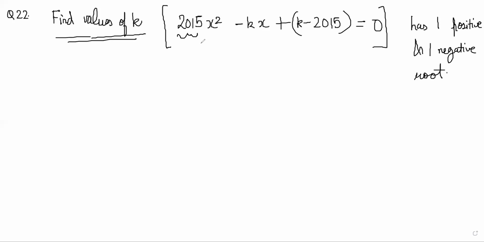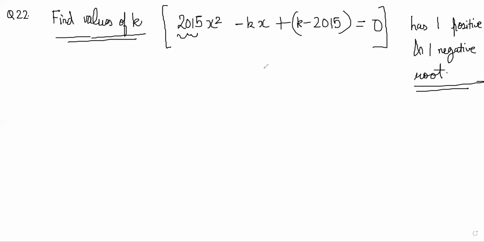Have you tried it? Not yet. So think about which rule to apply. If you look at it carefully, you will immediately be able to find one root.